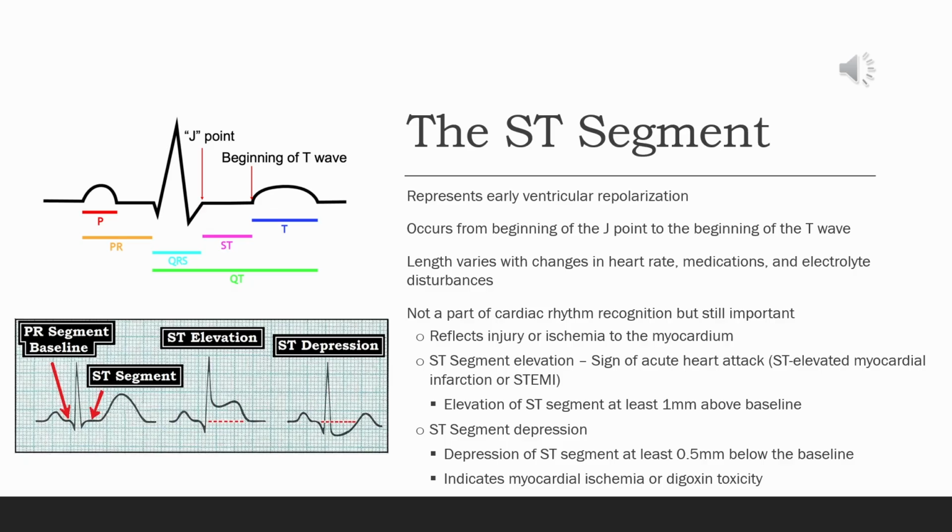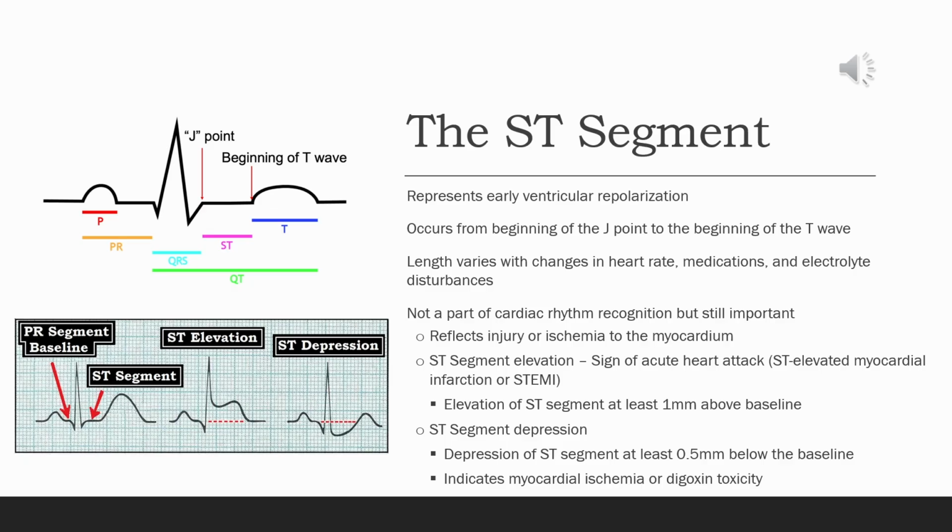So now let's talk about the clinical implications for nurses for the ST segment. Again, recognizing that ST elevation helps to identify a life-threatening cardiac event, which prompts our emergency treatment. ST depression can indicate, again, ischemia, and it needs to be evaluated alongside the patient's symptoms and risk factors.